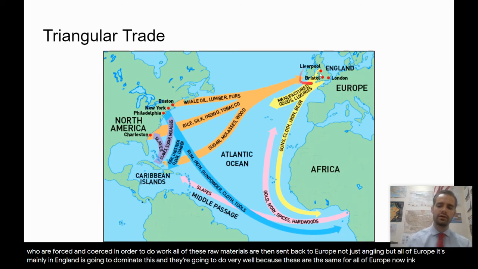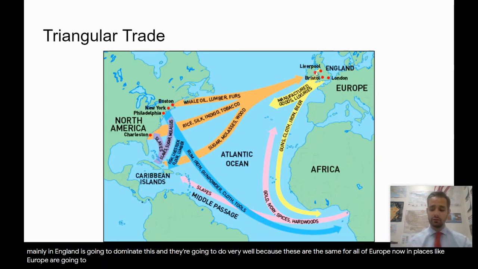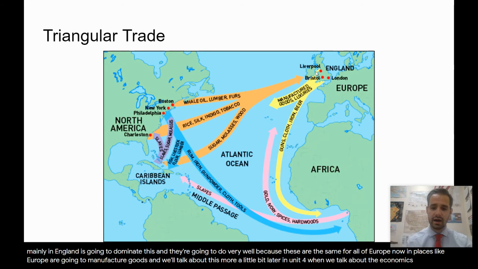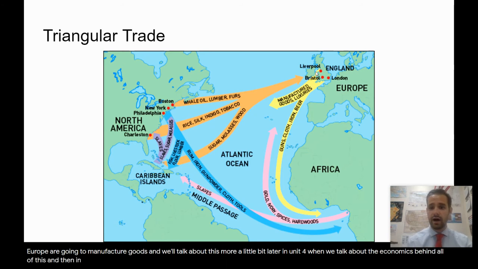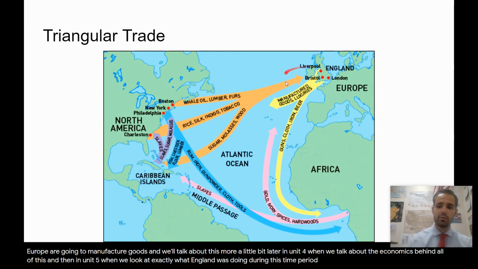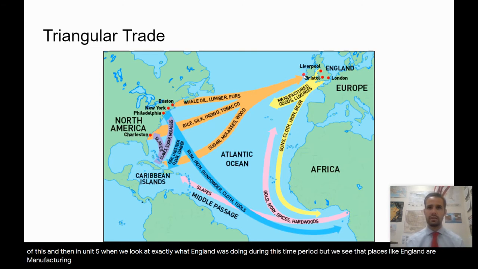Now, places like Europe are going to manufacture goods, and we'll talk about this more a little bit later in Unit 4 when we talk about the economics behind all of this, and then in Unit 5 when we look at exactly what England was doing during this time period. But we see that places like England are manufacturing goods. They're making things like chairs and tables and guns, things where you actually need to put it all together. You take the raw materials and put it together.